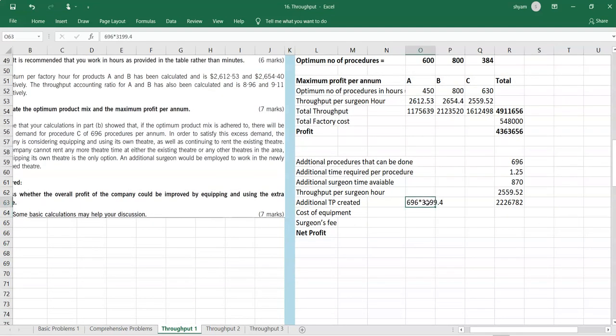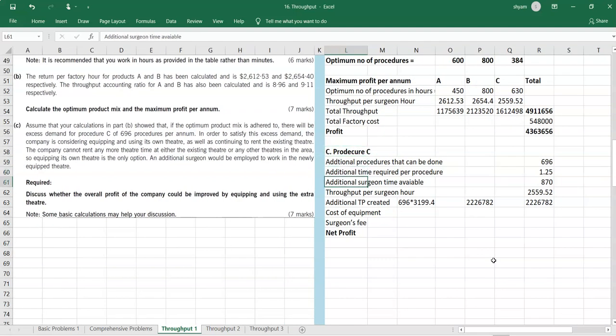So this also will give you the same answer. Let's check it for a second. See, it gives the same answer. How come? Because here we are using units and multiplying, and there we are using hours and multiplying, so either way they are the same. So this is the procedure C requirement.